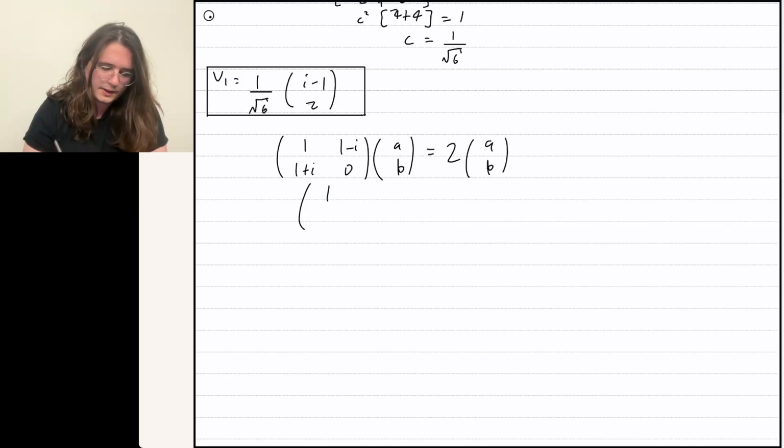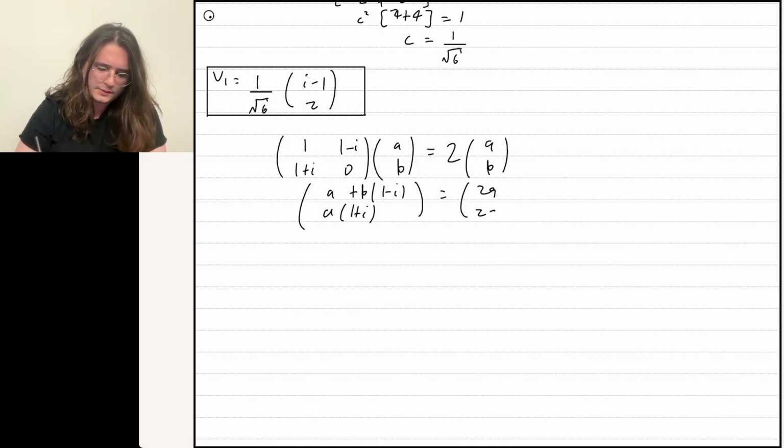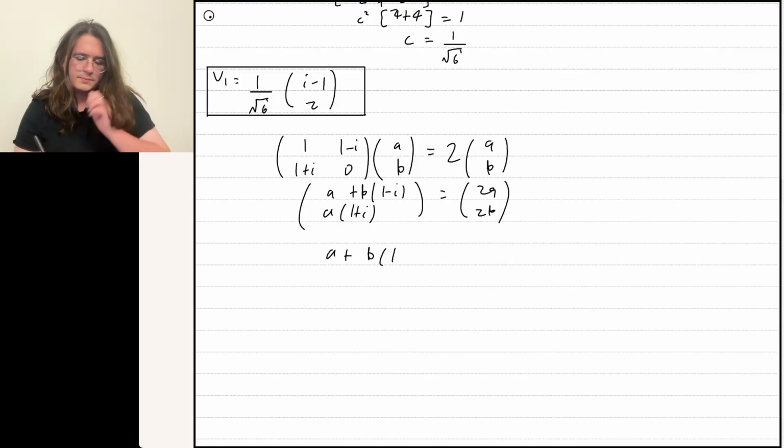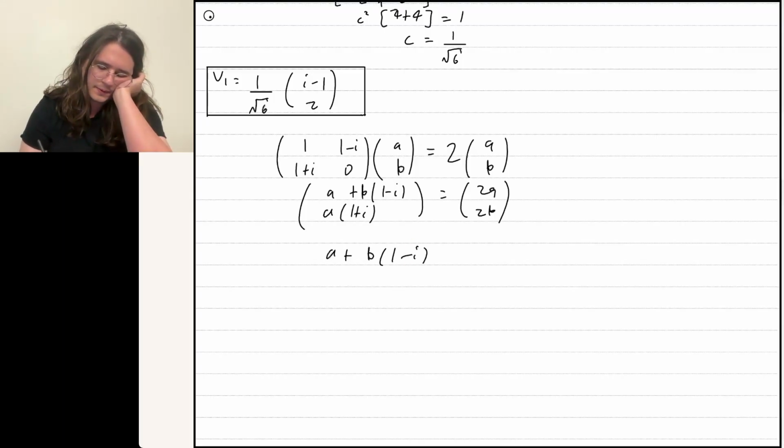We've got 1a, so we'll just write it as a plus b times 1 minus i, and then 1 plus i times a on the other element is equal to 2a, 2b. So just taking the first two elements of those and setting them equal to each other, we get a plus b times 1 minus i equal to 2a, and then the a's on either side will cancel out.